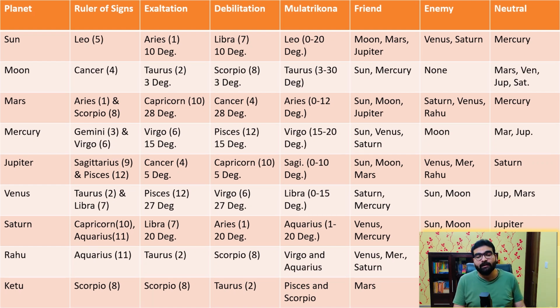Then one more point here is that Venus is responsible for creation. As I mentioned, Moon and Venus are responsible for creation, and Virgo is the zodiac sign of Brahmacharya. Brahmacharya means celibacy. It does not create. So Venus also feels debilitated for that reason as well.